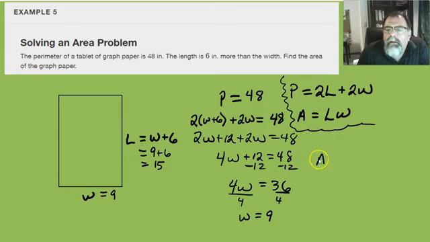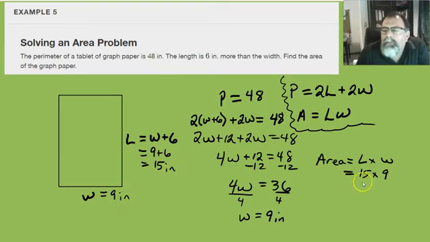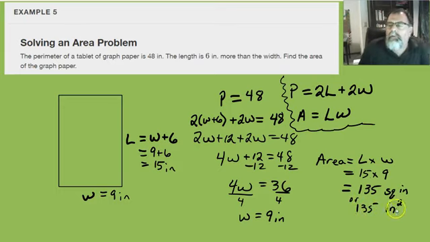So then our area is length times width, so it would be 15 times 9. And what were the units? These are inches. So this is inches times inches, which is 135 square inches. You can write it like that, or you can write it like inches with a square. Either way. Okay, 135 square inches.